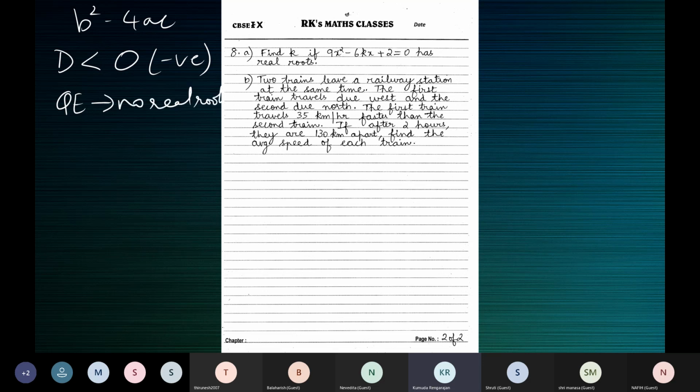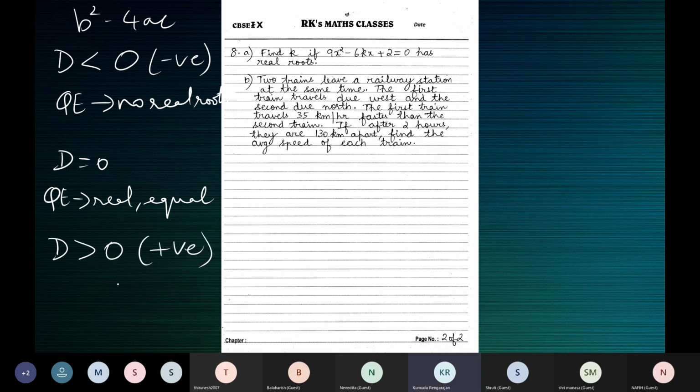D is equal to 0. That means the quadratic equation has real and equal roots. When D is greater than 0 or positive, the quadratic equation has real unequal roots. Two different roots, unequal roots.